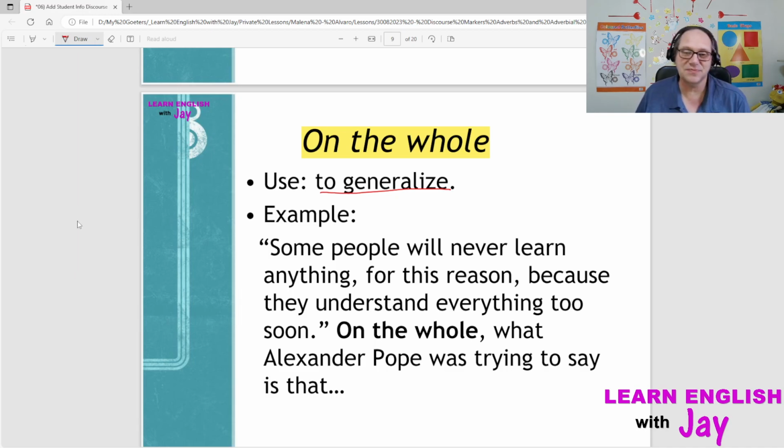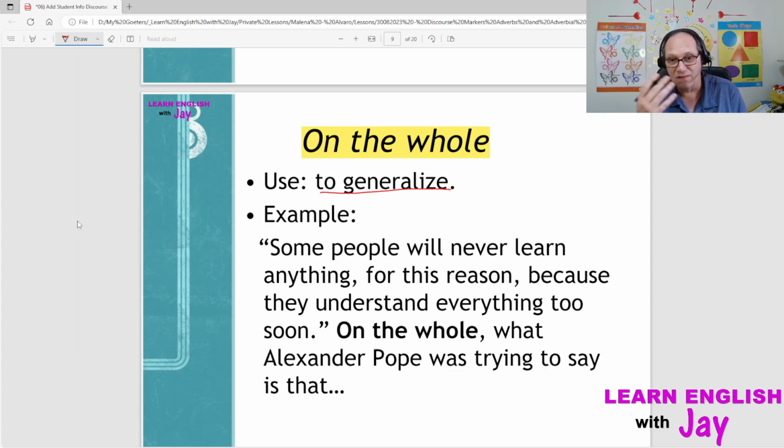So, for example, some people will never learn anything for this reason because they understand everything too soon. That's actually quite true. However, people might take offense to that. And you can now generalize it by saying, well, on the whole, what Alexander Pope was trying to say is that, and then you can explain it in your own words.